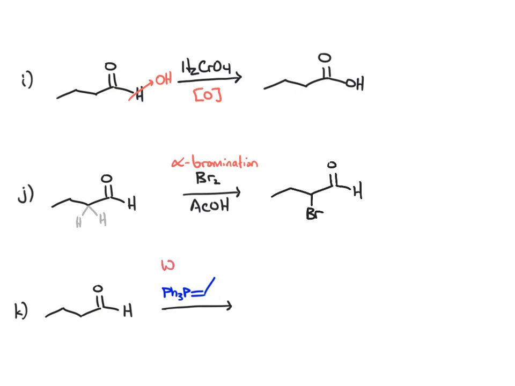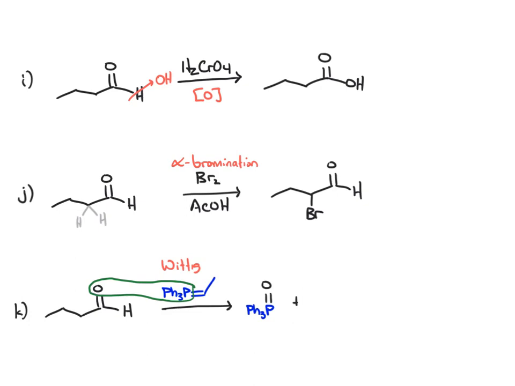K is a Wittig reaction. And in the Wittig reaction, we essentially end up losing the triphenylphosphine and the oxygen to give us a very stable triphenylphosphine oxide.